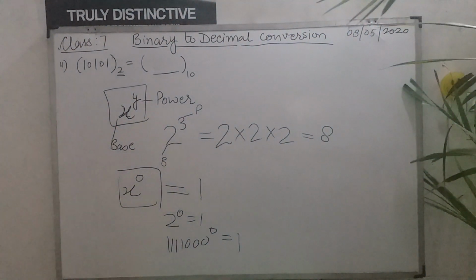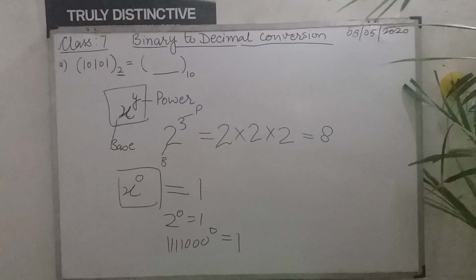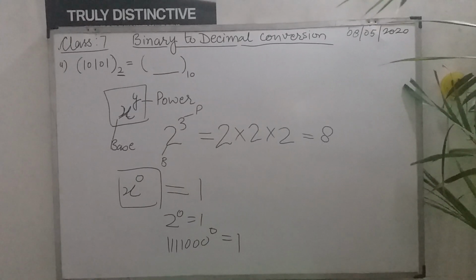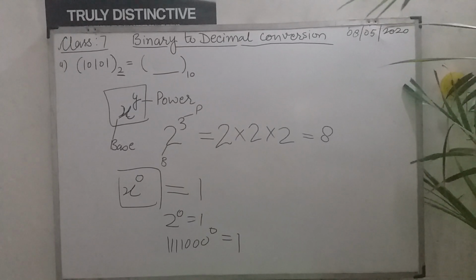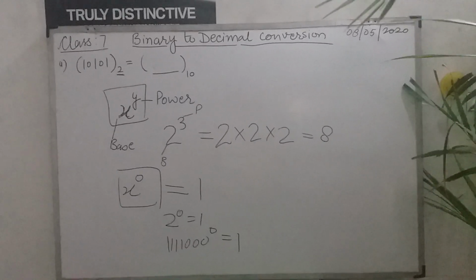So what is clear here? That any number whose power value is 0, the calculated value will be 1 only. You have to remember this. Wherever a number has power value 0, the resultant value will be 1 only.